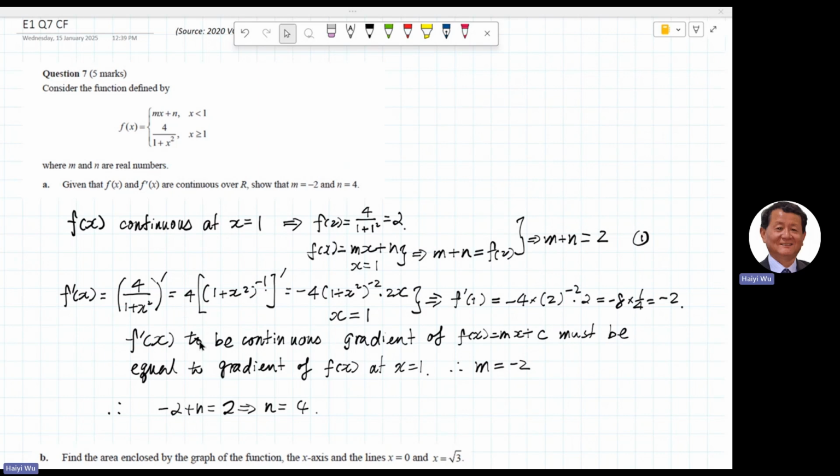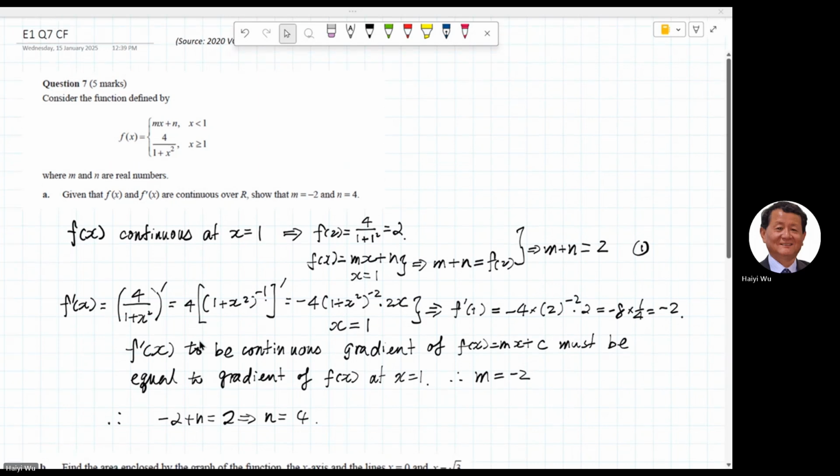All right, today we're going to do a function written in pieces. We have two functions: one is linear, and the other is a reciprocal function, like a hyperbola.